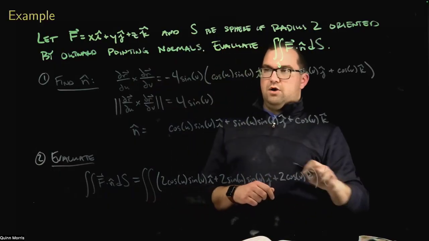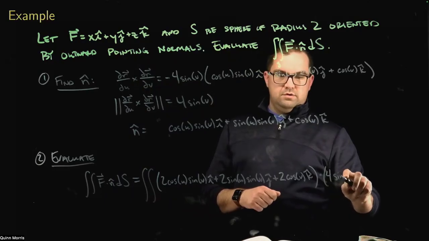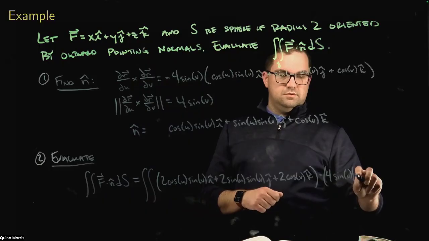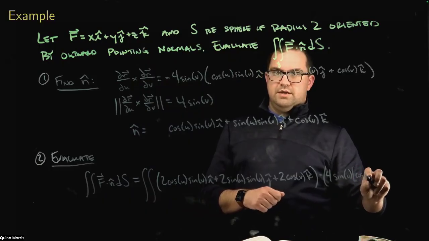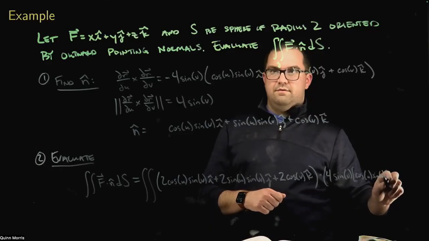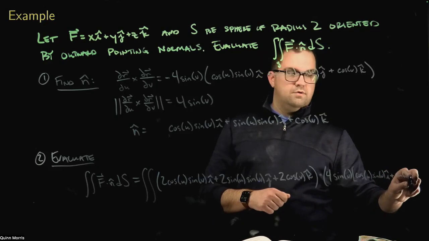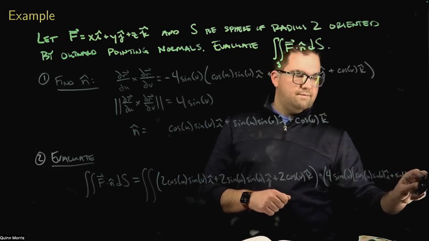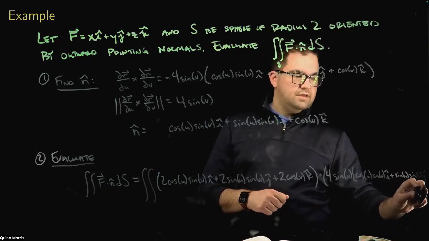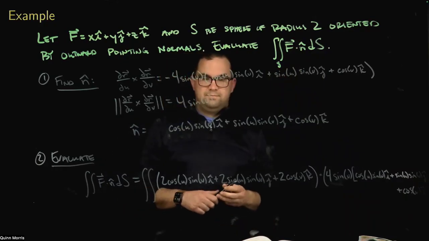So in this case, I want 4 sine v times cosine u sine v i plus sine u sine v j plus cosine v k. A lot of bookkeeping here.